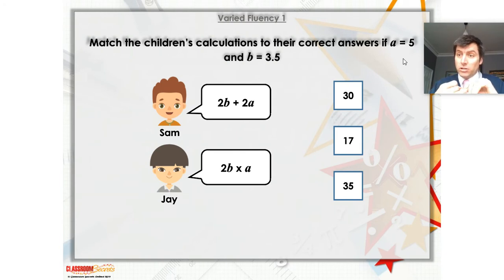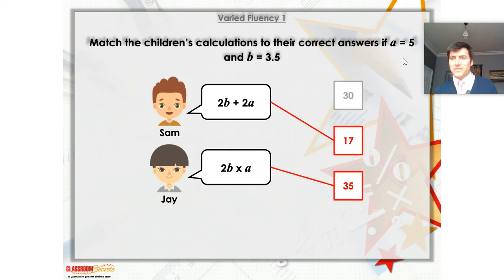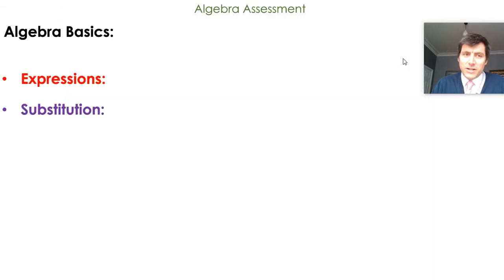B plus B, so double 3.5, will be 7. Then we've got 10 plus 7, so 17. For Sam, we've got 2b, so that's 3.5 plus 3.5, so 7. And then we're multiplying, aren't we? So it's 7 multiplied by 5, and therefore it's 35. Sorry, I said that incorrectly. But there we're substituting the values for the expression that we've got.